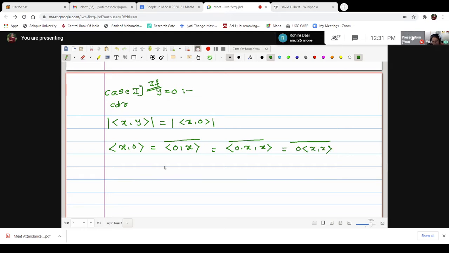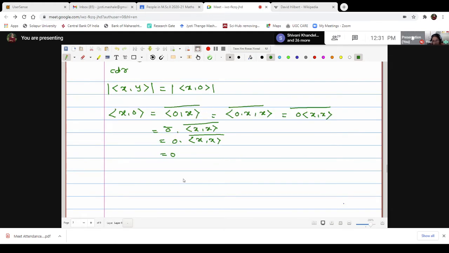Let us separate these conjugate values as 0 bar into inner product xx bar. But as 0 is a real number, 0 bar is 0. Therefore, this is 0 into inner product xx conjugate, which finally gives us 0, because this will be a scalar value, and 0 into a scalar will give us 0. Therefore, inner product x with 0 is 0.